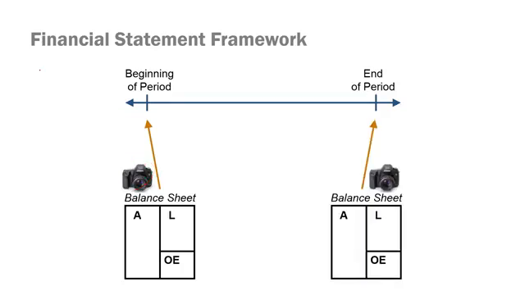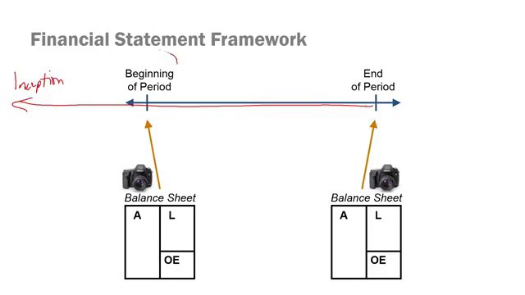I could also take a snapshot of the financial position of the company at the end of the period or the end of the year. Again, a specific point in time. This balance sheet will accumulate the effect of all the transactions that have happened since the company's inception.